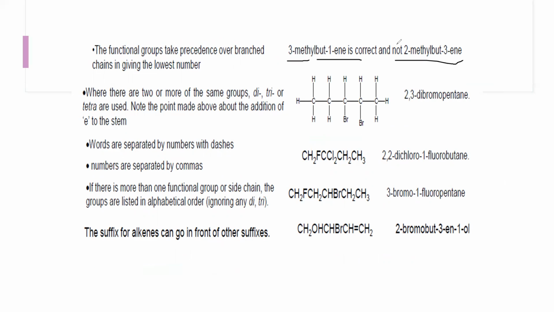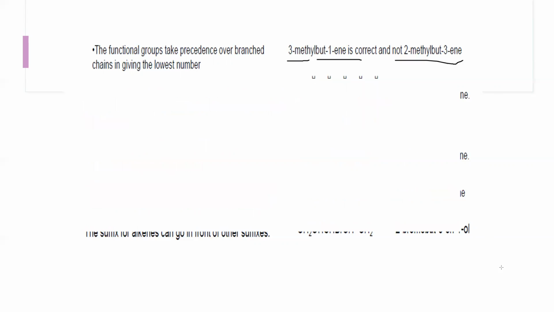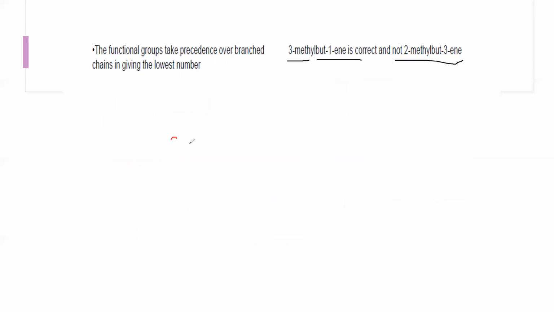I will show the structure to explain the meaning of this. So we have C double bonded with C, 4 carbon atoms are there, and then there is a CH3 branch.